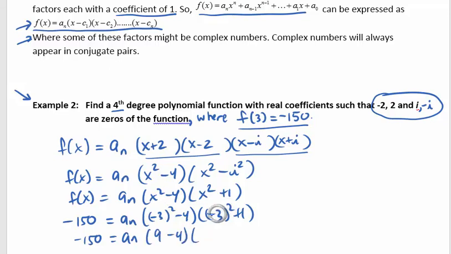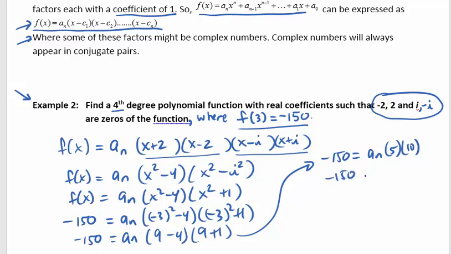Here again, square negative 3, that's going to be positive 9. So negative 150 equals a sub n times 9 minus 4 is 5, and then 9 plus 1 is 10. So it looks like negative 150 equals a sub n times 50. A sub n, it looks like, is negative 3.